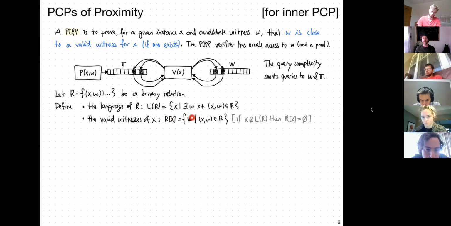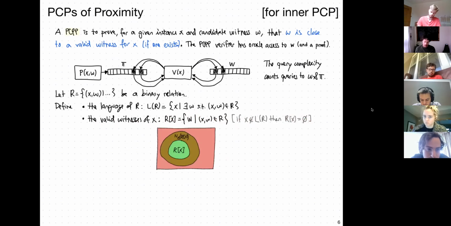And notice that if this is a not satisfiable equation, then the set of satisfying assignments is the empty set because there is nothing that would satisfy it. And so the testing problem that I want to think about is that R of X is the set of all satisfying assignments, and the no inputs would be everything which is far from being a satisfying assignment.